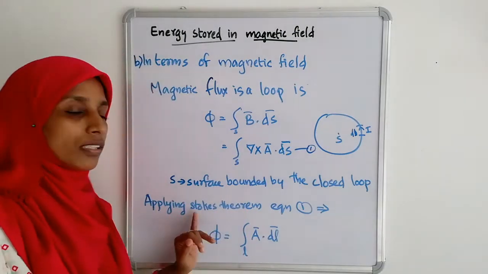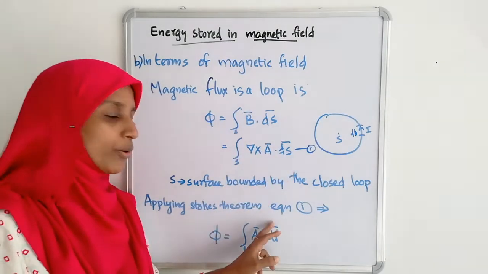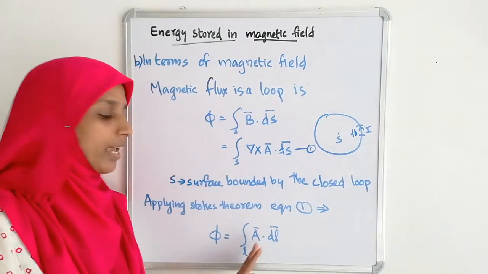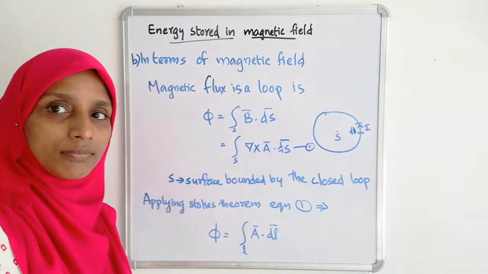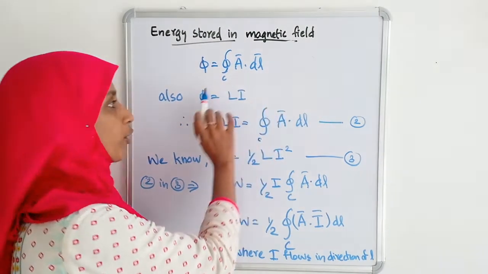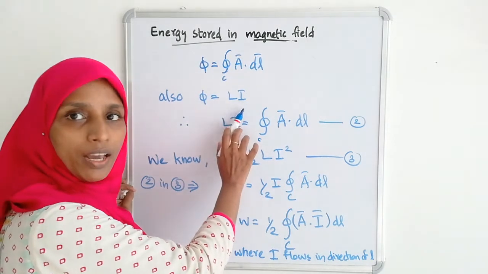Now, applying Stokes theorem to the RHS of equation 1, we get phi is equal to the closed line integral A dot dl. We already know phi is equal to Li.